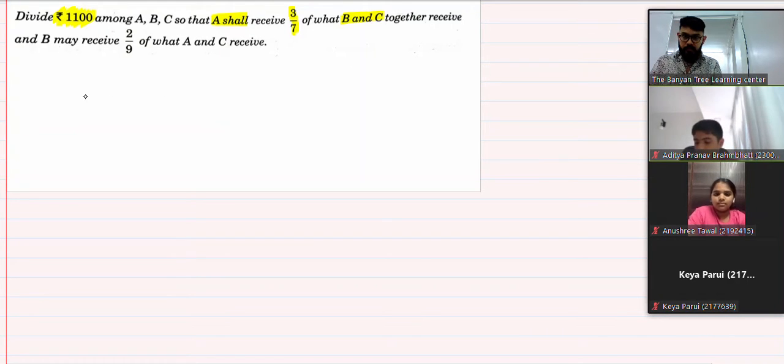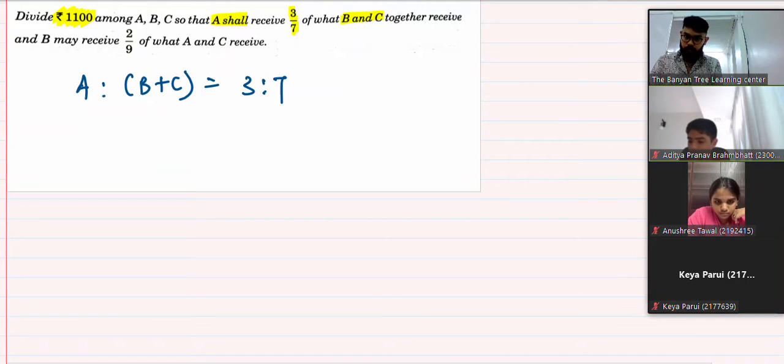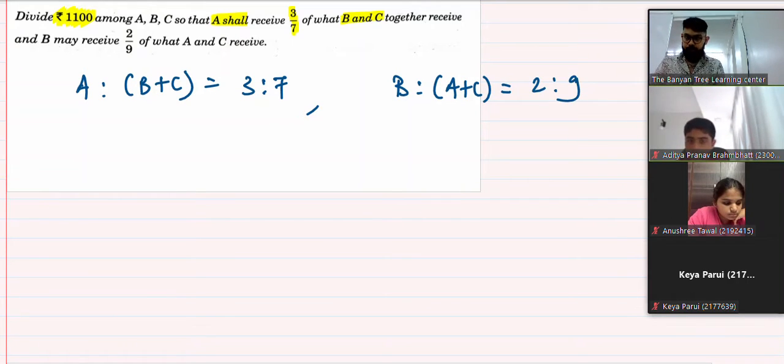So what we have is A is to B plus C is 3 is to 7, and B is to A plus C is 2 is to 9.